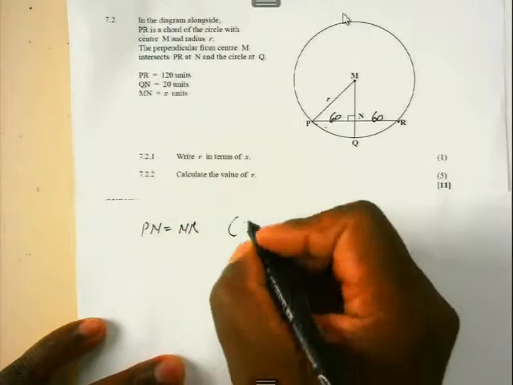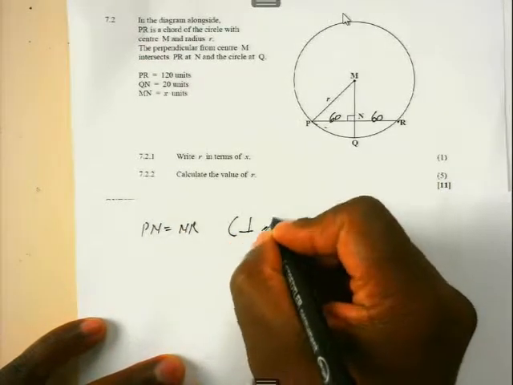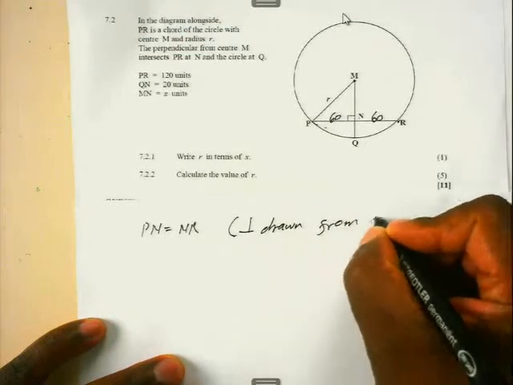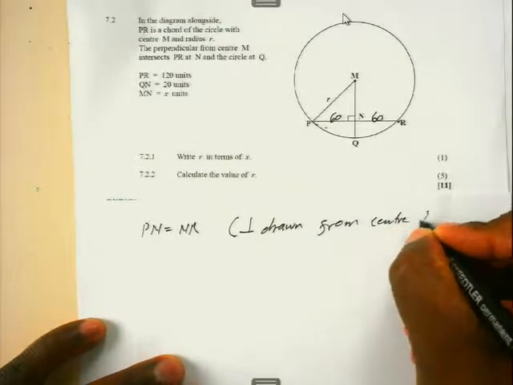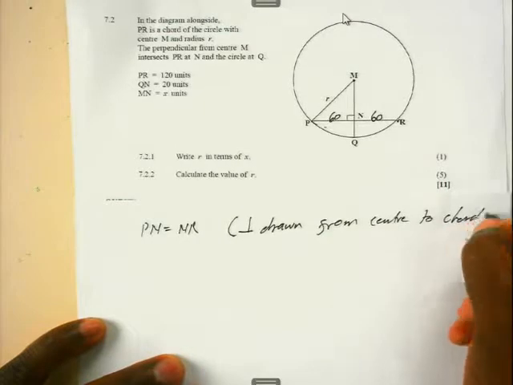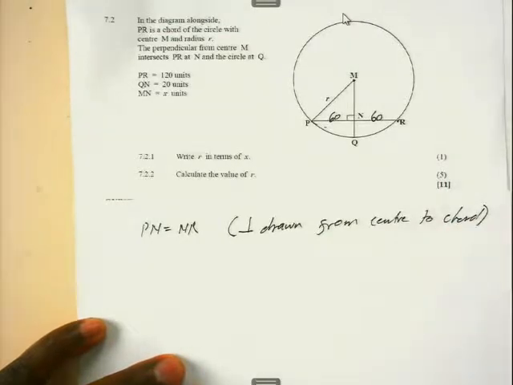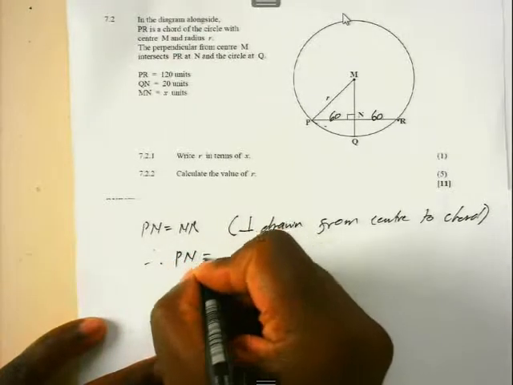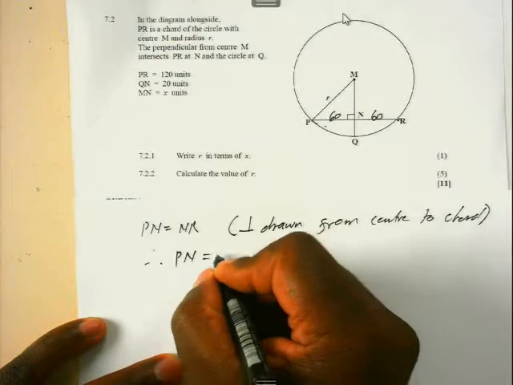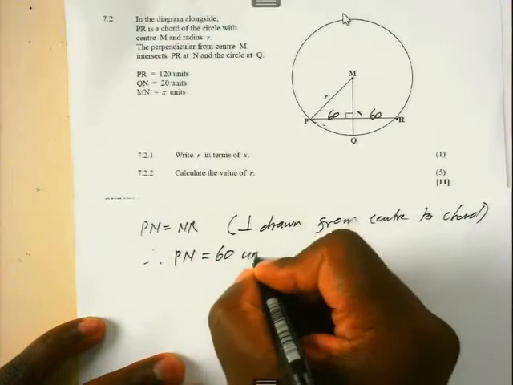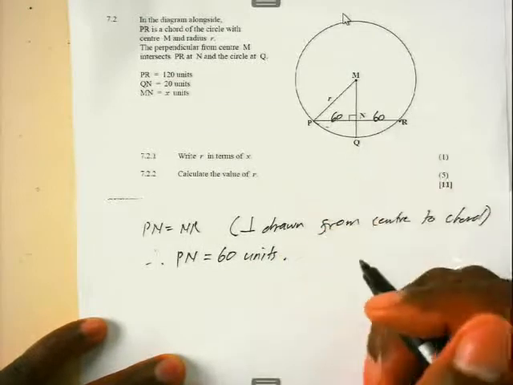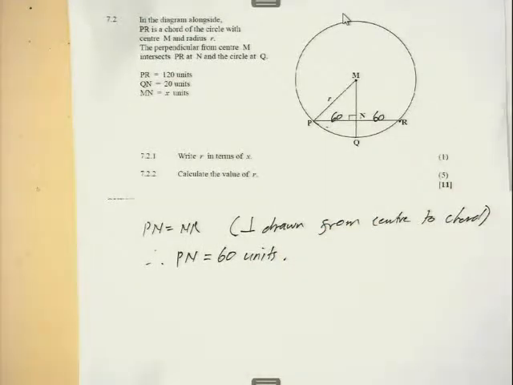The reason: perpendicular drawn from center to chord bisects the chord. Therefore, what does that mean? It means PN is equal to 60 units. PN is 60, NR is 60. We're just indicating the given information on the diagram.